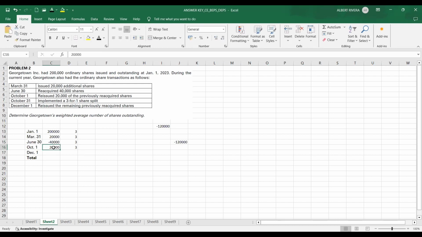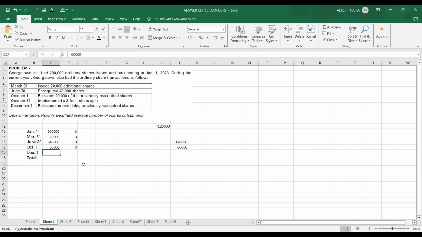They reissued 20,000 previously reacquired shares. So this is 20 times 3, 60. What remains is 60,000. This is the reissue, the remaining previously reacquired shares.